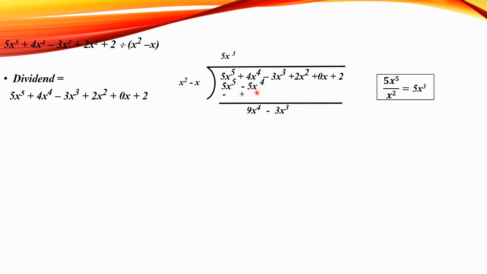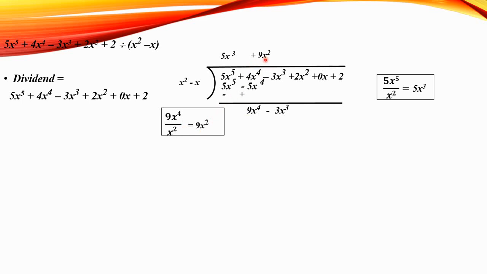So the answer will be 9x raised to power 4 minus, writing the next term, 3x raised to power 3. Now we will divide 9x raised to power 4 by this x square. So we will get 9x raised to power 4 upon x square is equal to 9x square. So our quotient will be plus 9x square.